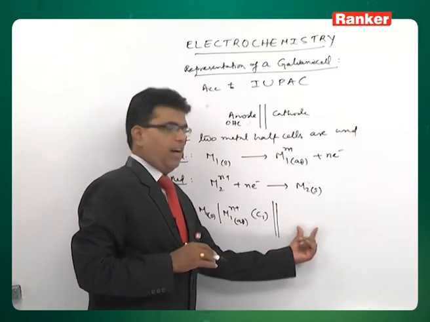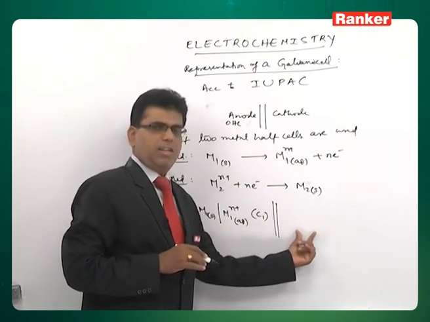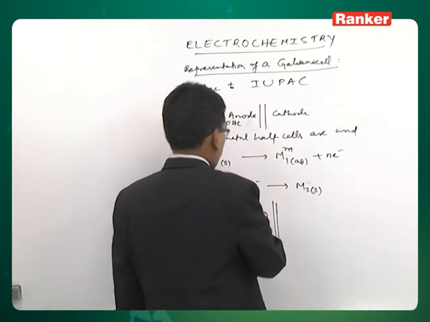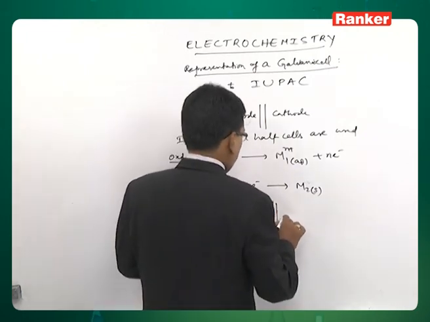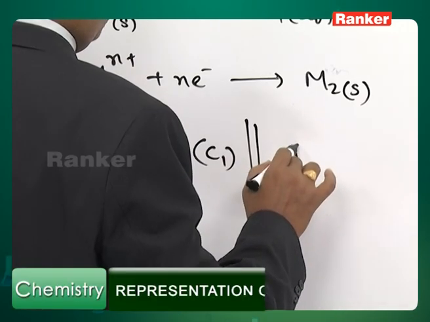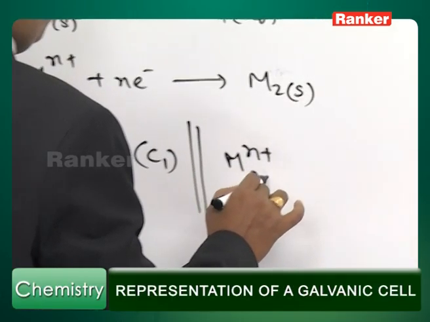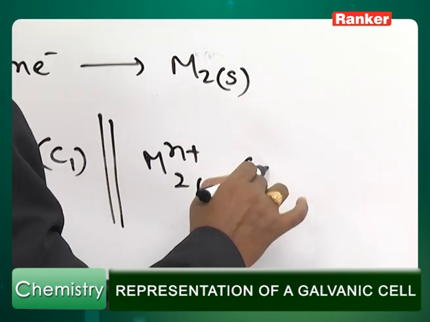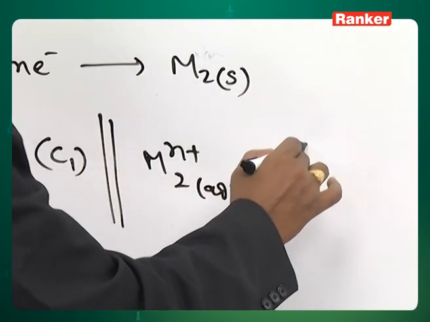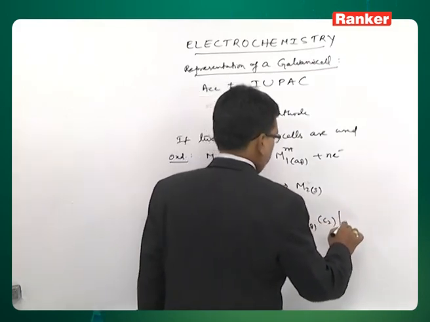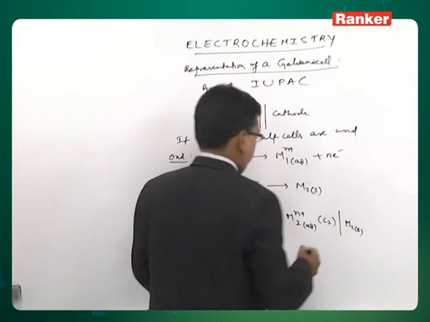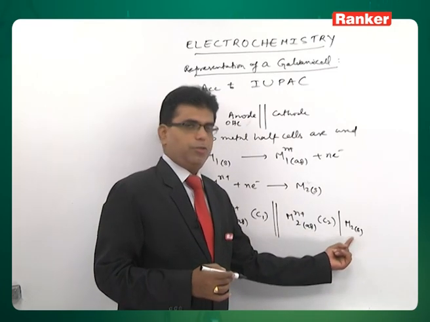Then on the right hand side we write the reduction half cell. The reduction is for metal ion 2, so the ion should be written first with its concentration in brackets, separated by a vertical line from the solid metal.